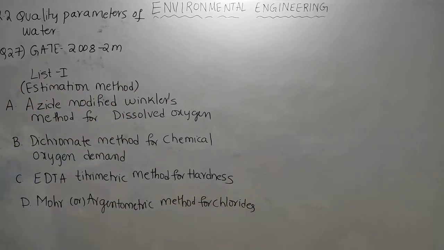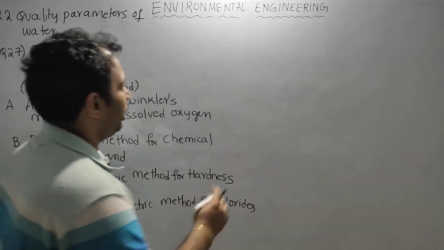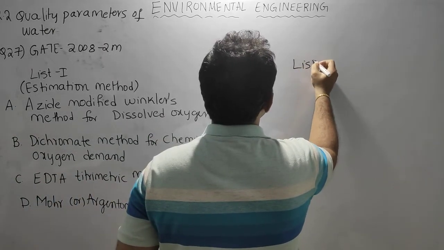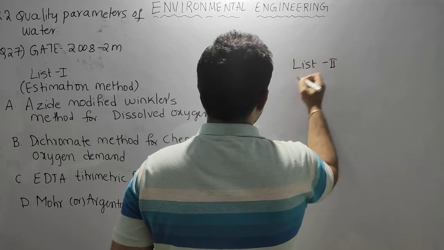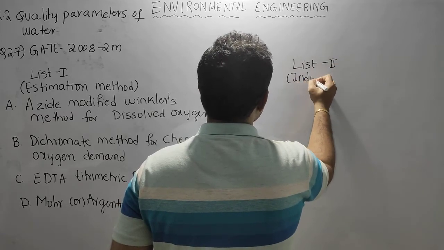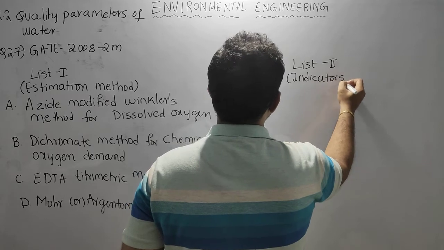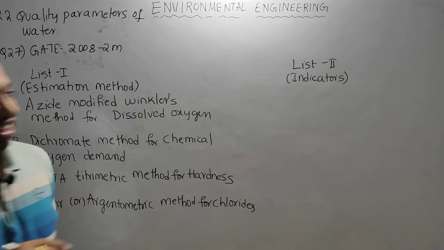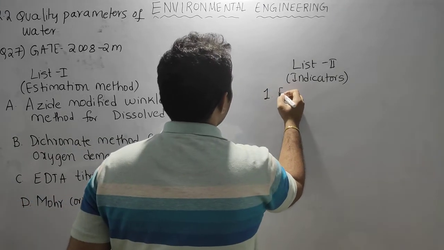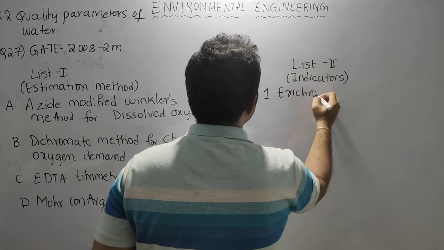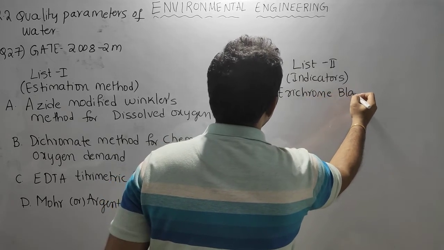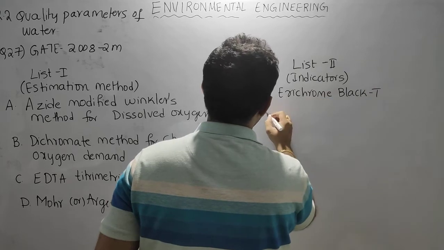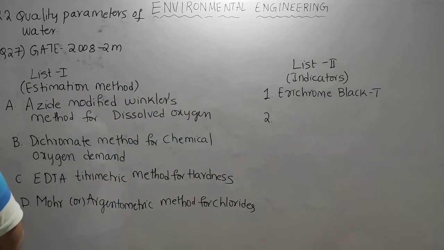So these are the 4 methods given, estimation methods, and in list 2 the indicators are given. So first one is Eriochrome Black T. And the second one is ferroin.